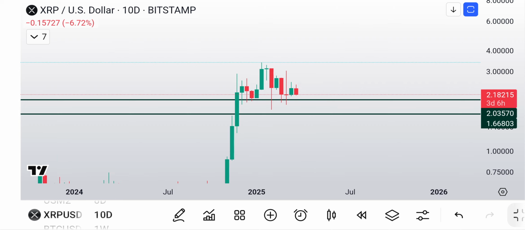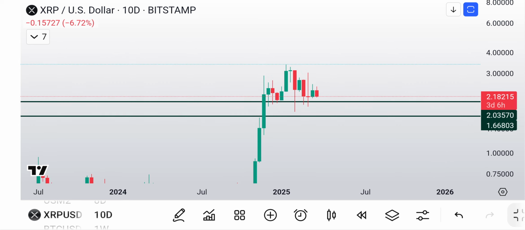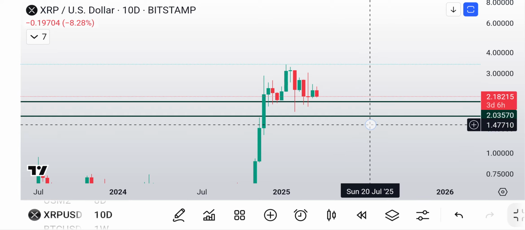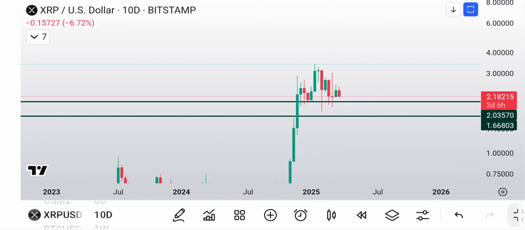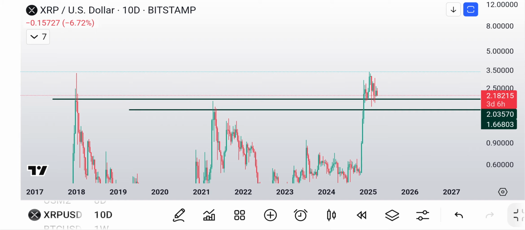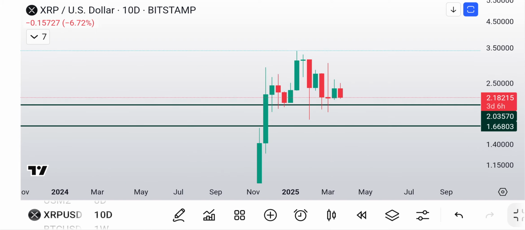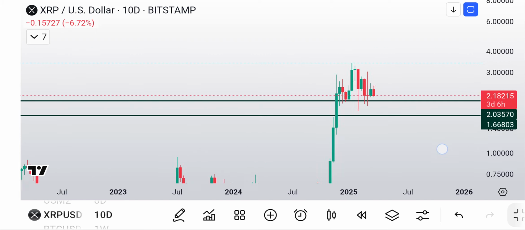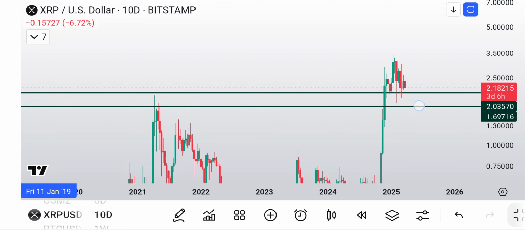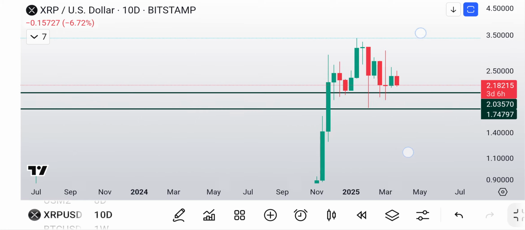Now it doesn't look the greatest. You could say it looks like a head and shoulders. You could say it looks like it's topping, and maybe that's true. But until that range breaks, we have to respect it. So we've got a little bit of wiggle room, but not a lot, right?